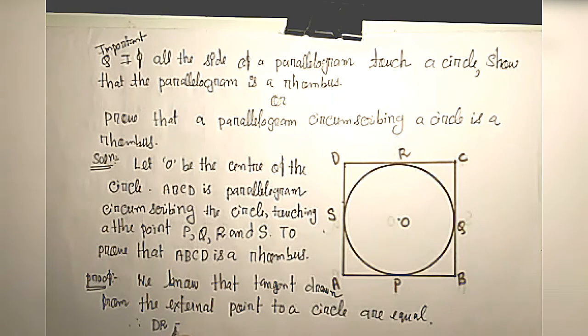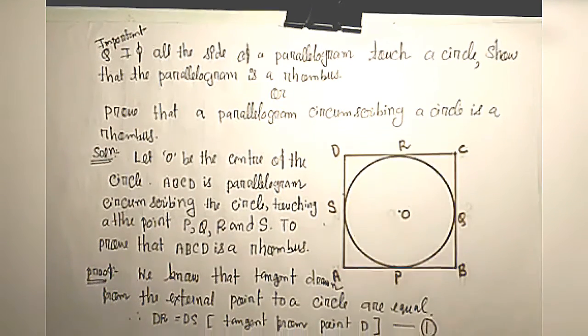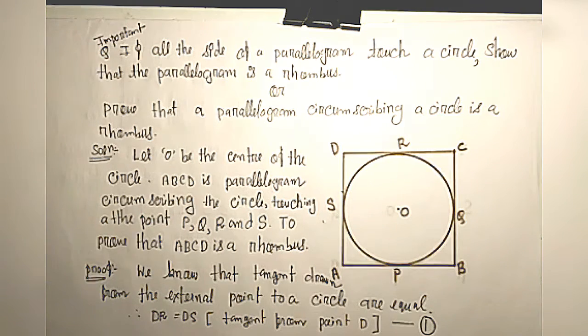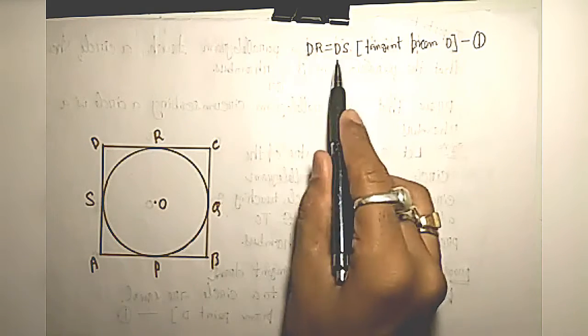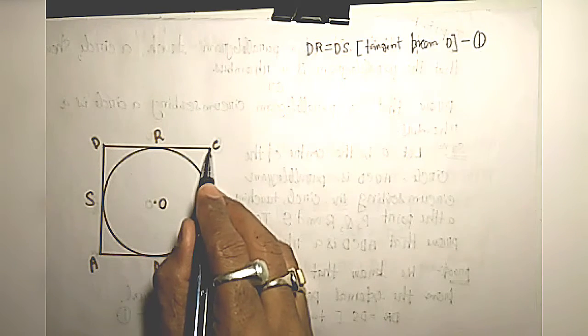So DR equals DS, because these are the tangents drawn from the point D. Let's call it equation 1.